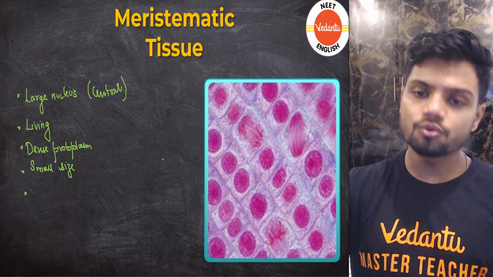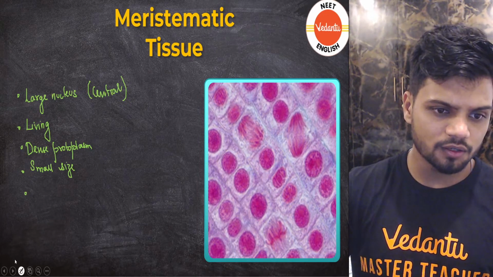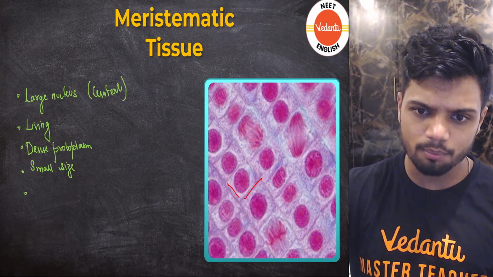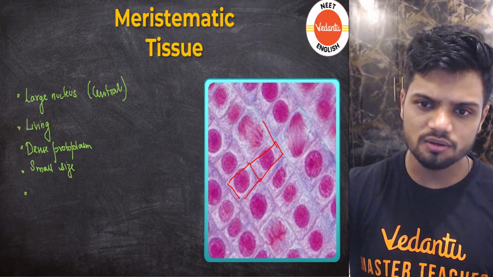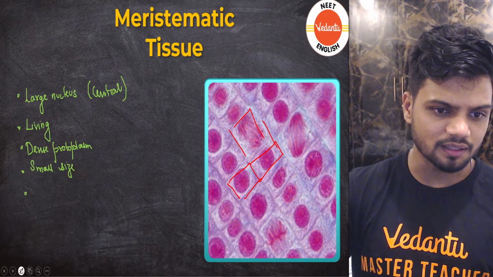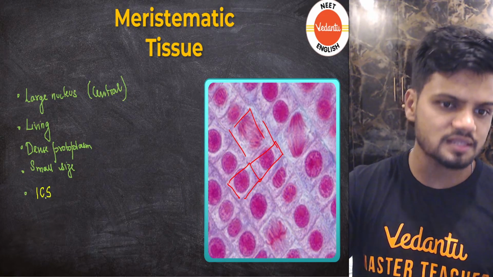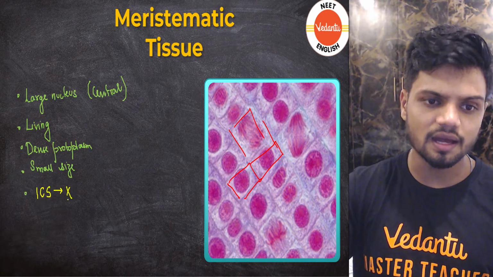Now, do you see any form of intercellular space anywhere, students? Aren't they compactly arranged? I cannot see any form of intercellular space. So intercellular space is completely absent here.